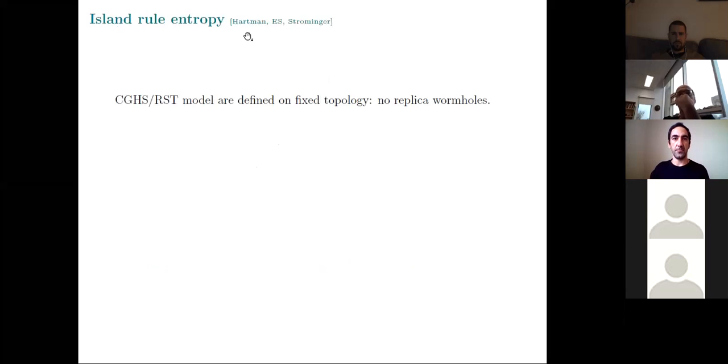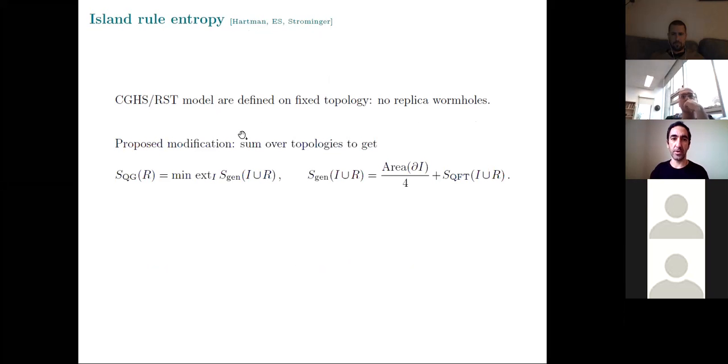Now, what we did in this paper is to think about what role something like replica wormholes or islands or what have you would play in this situation. And I already said this, this model is defined on a fixed topology in the framework of canonical quantization. So there are no replica wormholes as traditionally defined. The proposed modification is to sum the theory over topologies.